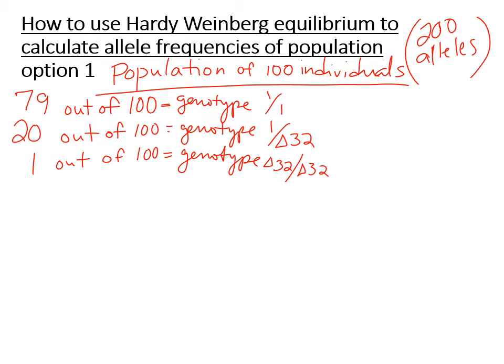Now this is a very important genotype in the world, because delta 32, delta 32 means you have 2 of the recessive alleles, since before we were looking at capital A and lowercase a. People with this genotype are resistant to HIV, because it causes a mutation in the receptor of your cells that HIV usually binds to and uses as a door of entry into your cells.